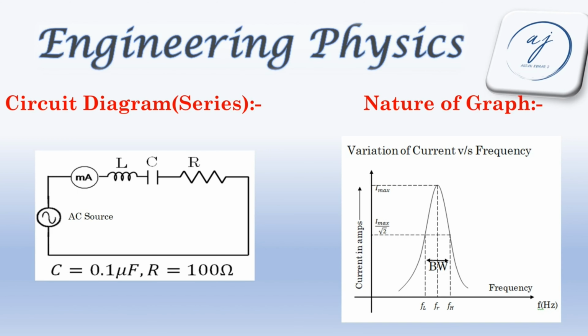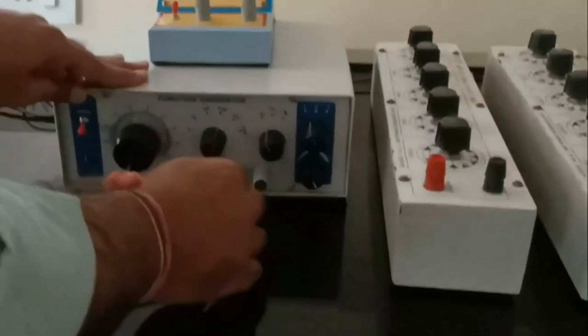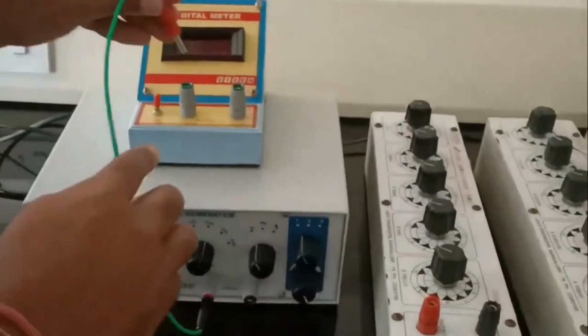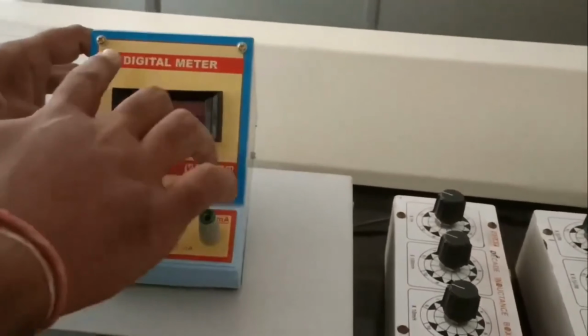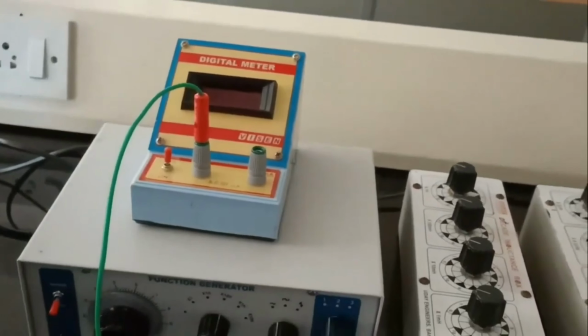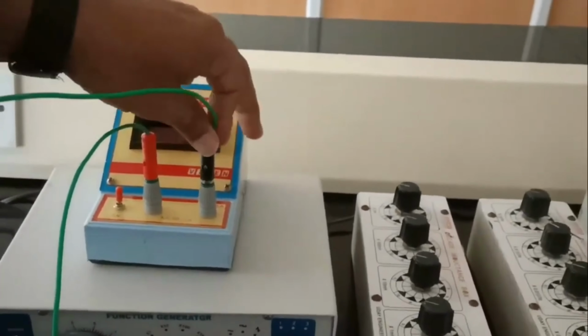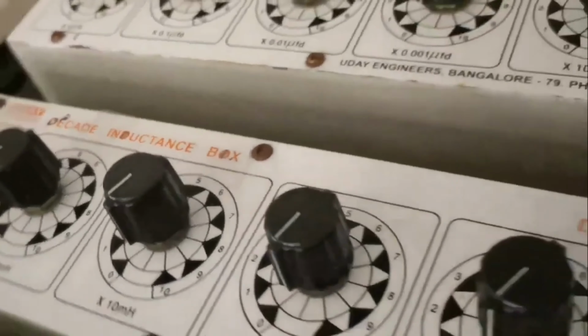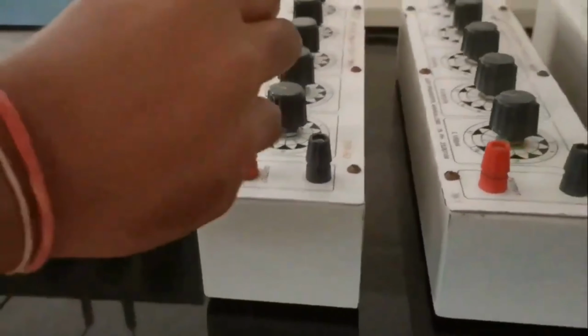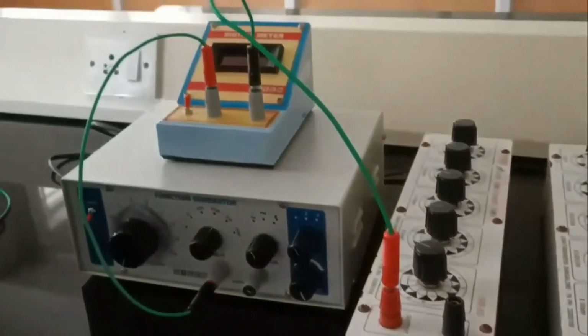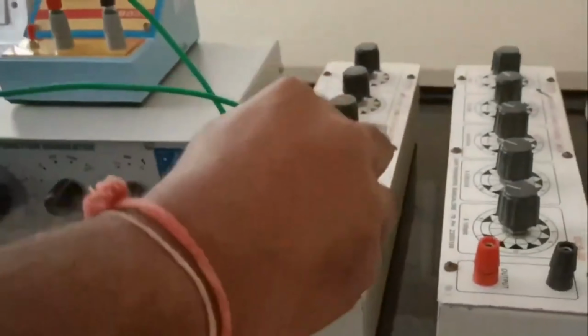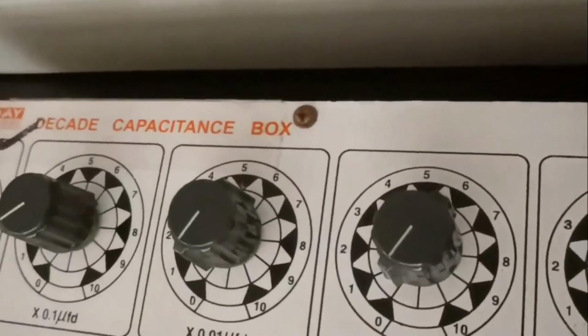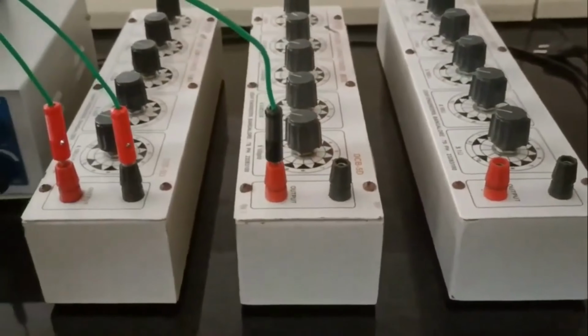Circuit connections are made as shown in the figure, that is from the function generator to the digital ammeter, from digital ammeter to a variable inductance box, one end of the variable inductance. The other end of the variable inductance is connected to one end of the capacitor. The other end of the capacitor is connected to a variable resistance.